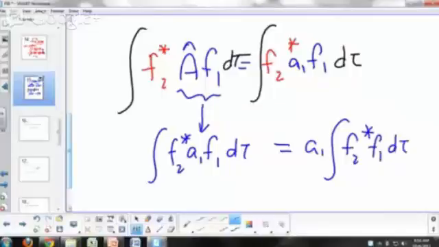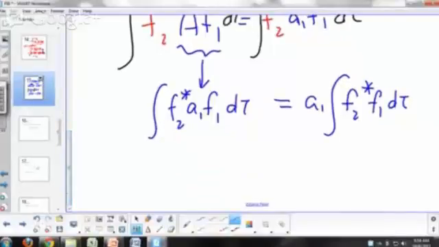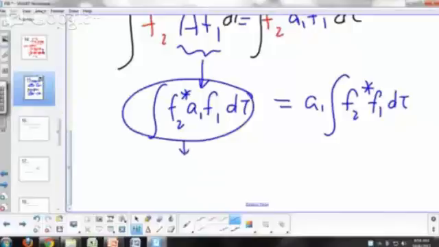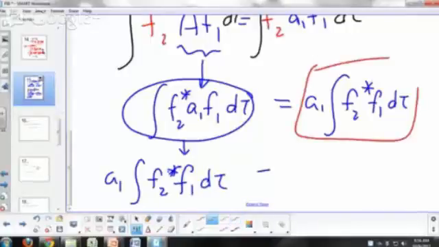Now we're proving that that integral is going to be equal to 0, so let's move everything to the left. I can write that as a1 integral of f2 star f1 d tau. So I'm going to move this one over here to the left. So I'm going to write minus a1.